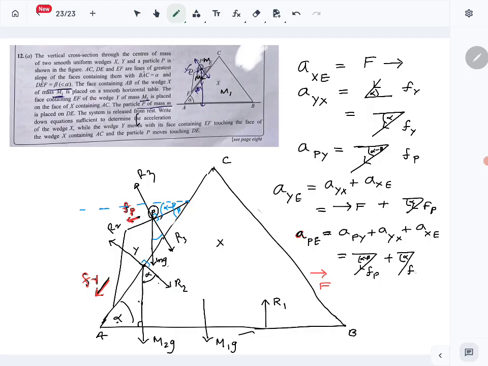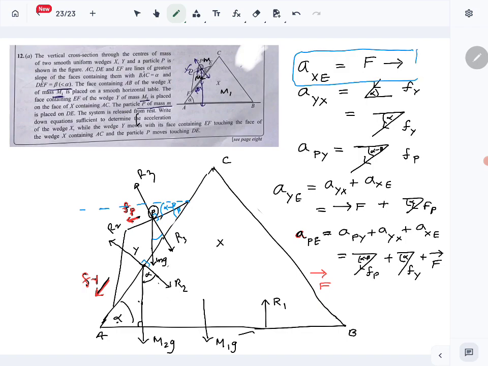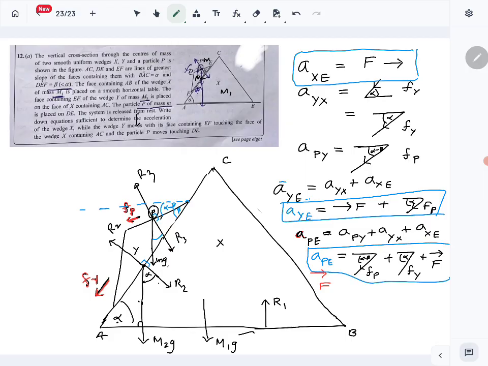So that is fy plus a xe is in that direction, capital F, right? So the important accelerations are these ones relative to Earth. We will come back to these three expressions when we apply F equals ma.